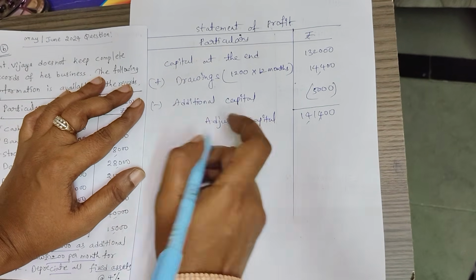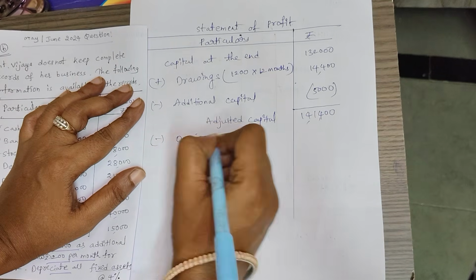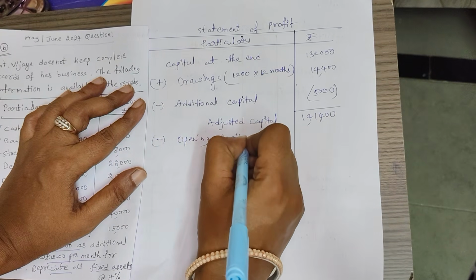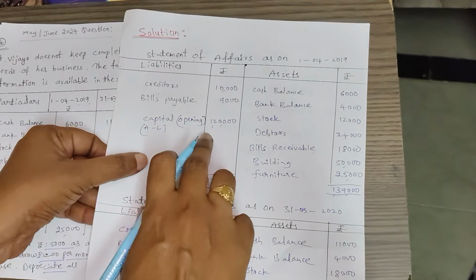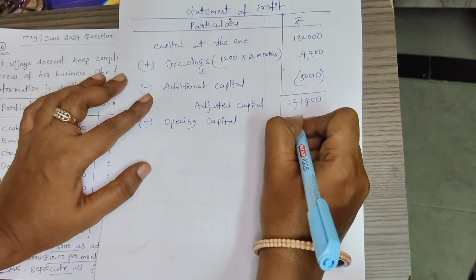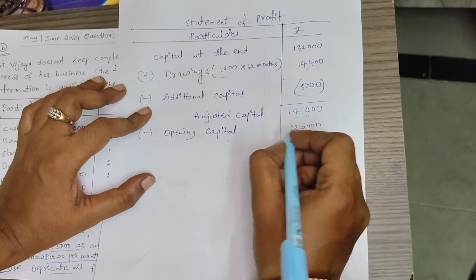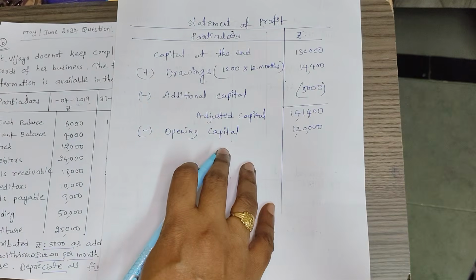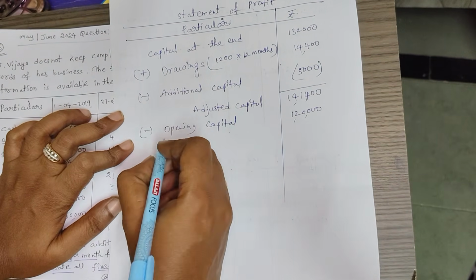So after getting adjusted capital, you need to deduct opening capital. So what is our opening capital? Already we calculated, yes. Here we have opening capital 1,20,000. Then after deducting opening capital, if you have any adjustments, deduct those adjustments also.